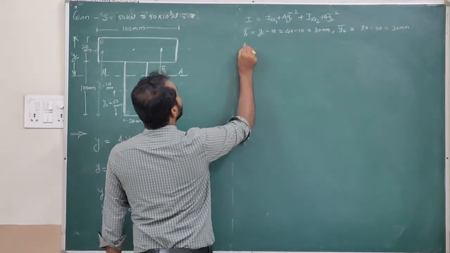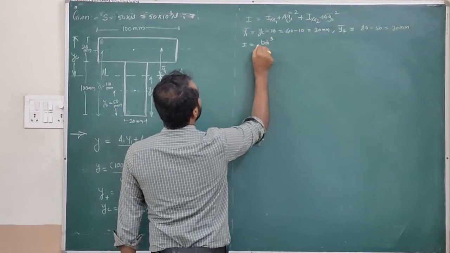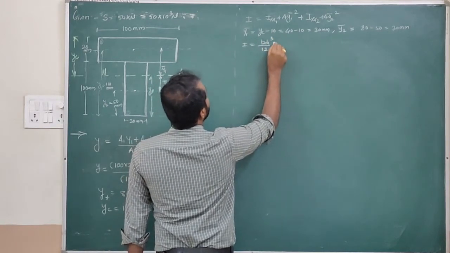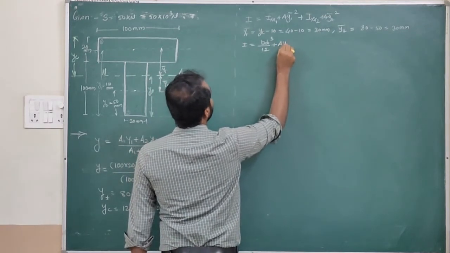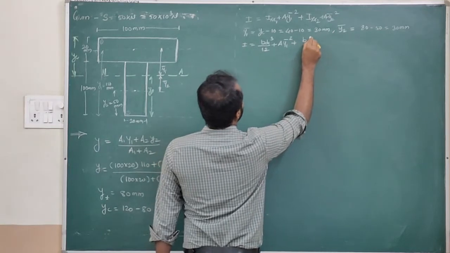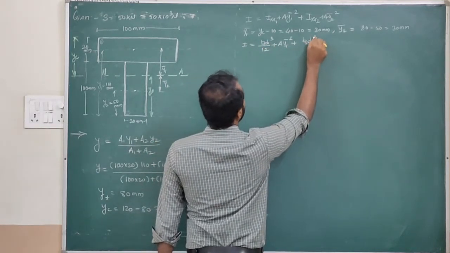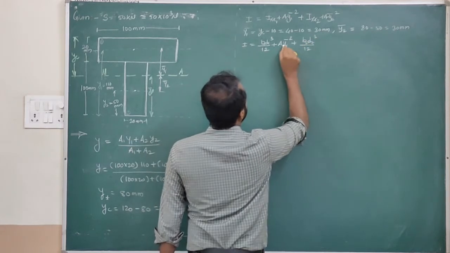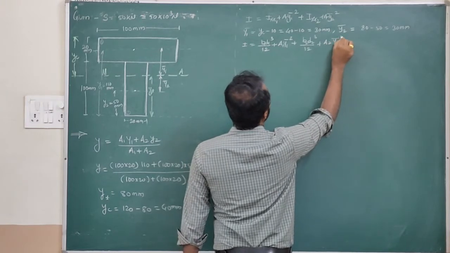Okay, so next, again put the value. The formula for I will be b1 d1 cube upon 12 plus area of first element into y1 bar square, plus b2 d2 cube by 12 plus a2 into y2 bar square.